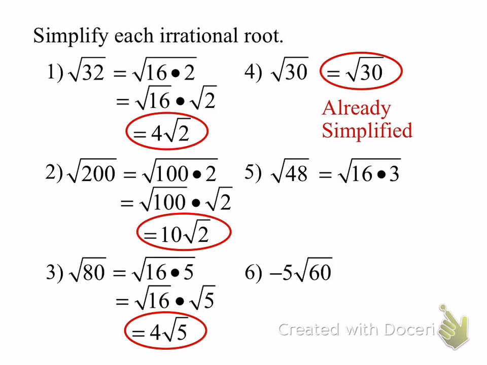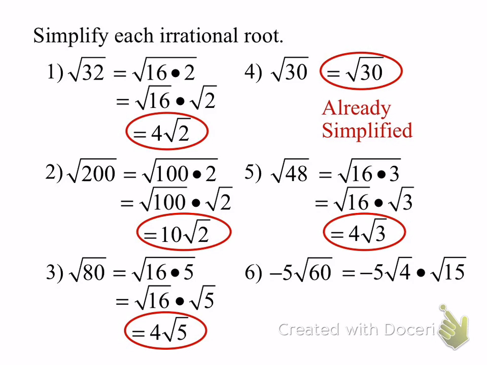Oh, 5 and 6. Yeah, you're right. Okay. Number 6: -5. Break down that 60 by 4 and 15. What's the square root of 4? 2. So I'm doing -5 times 2, radical 15. -10 rad 15.